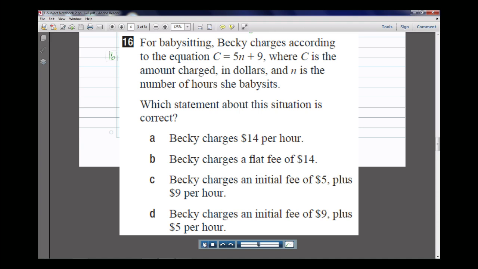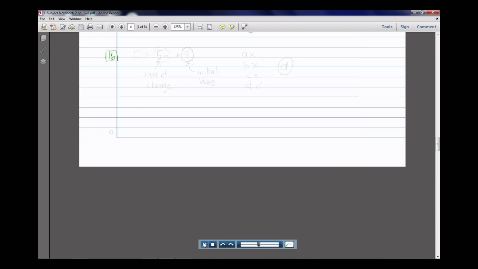For number 16, multiple choice. For babysitting, Becky charges according to the equation C equals 5n plus 9, where C is the amount charged in dollars and n is the number of hours she babysits, and they want to know which statement about this situation is correct. So let's look at what the equation means.